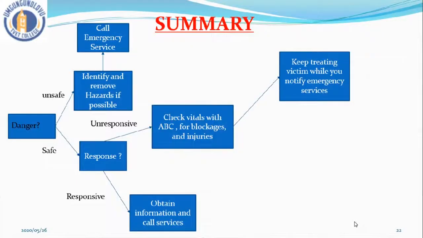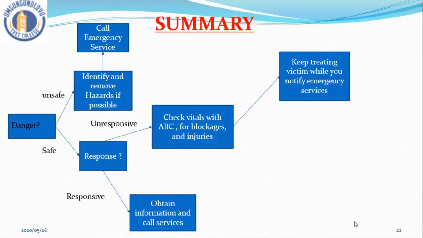Here is a summary of what we've discussed so far. We look at danger. If there is a danger and it's safe to respond to the injured person, you check vital signs for blockages and injuries. If they are responsive, get as much information from the injured person as possible so you can relay that information to the emergency services.